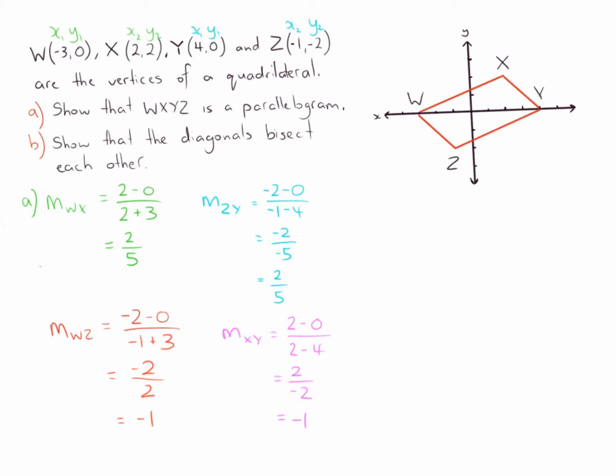So we can summarize as follows. WX is parallel to ZY because of equal gradients. And WZ is parallel to XY because of equal gradients.